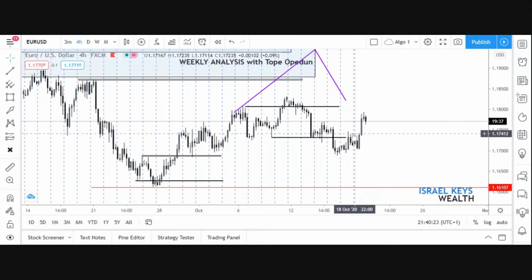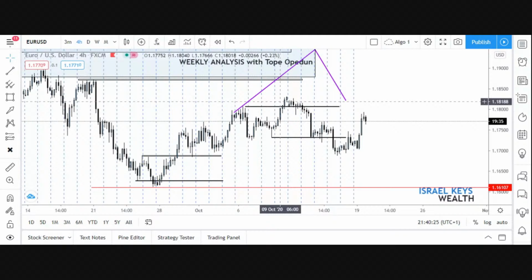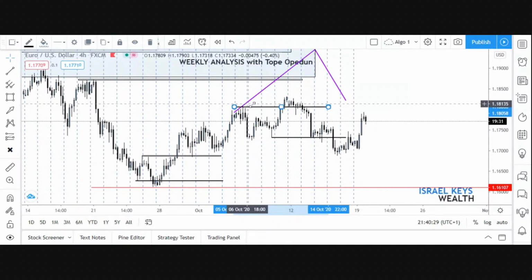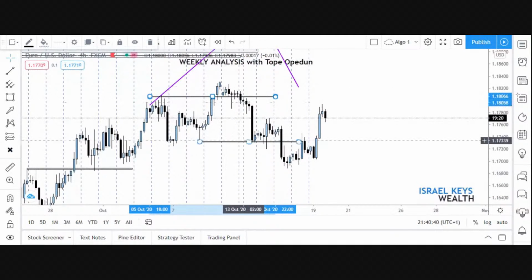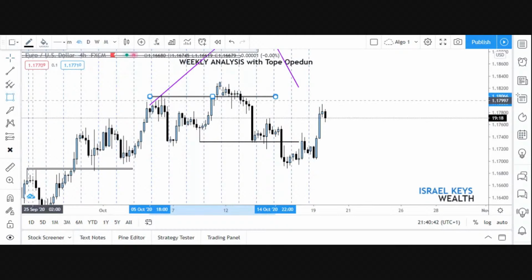But for now, this is what is active. We have this weekly high taken out on the H4 high, taking out market structure break, rally back into the zone, taking out an intermediate high into a level within this range from there to there. So what I can see straight away is not too clear on H4.